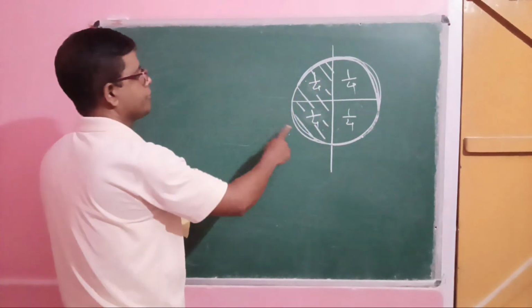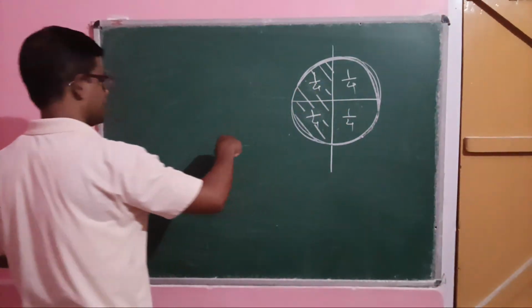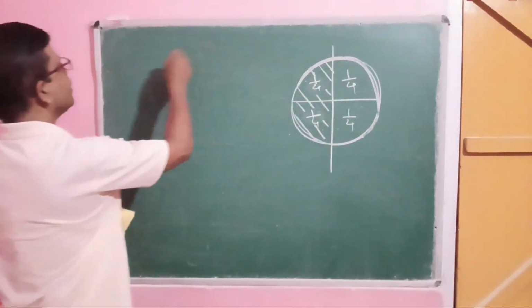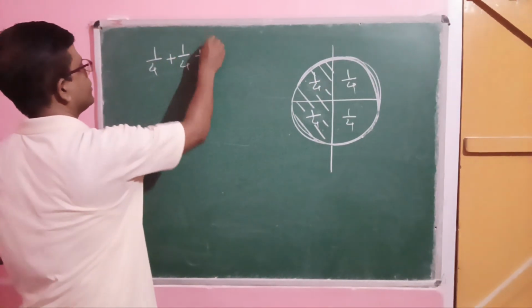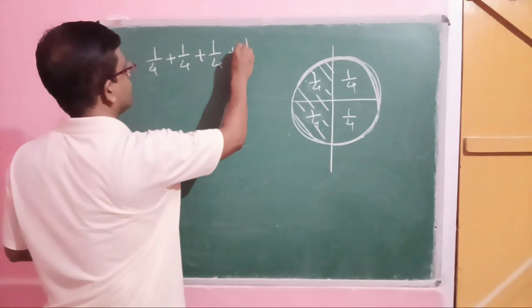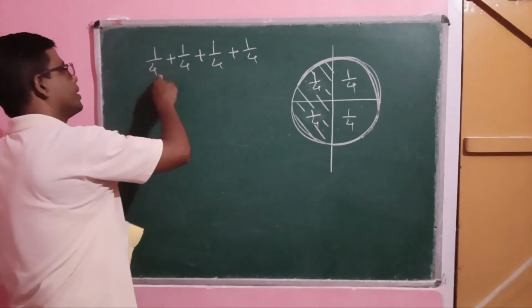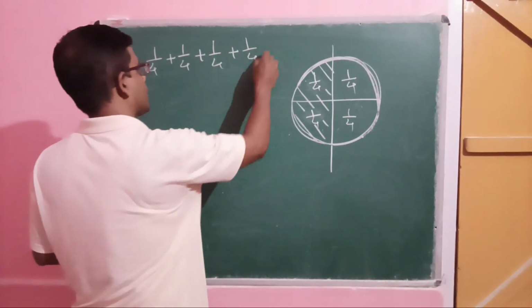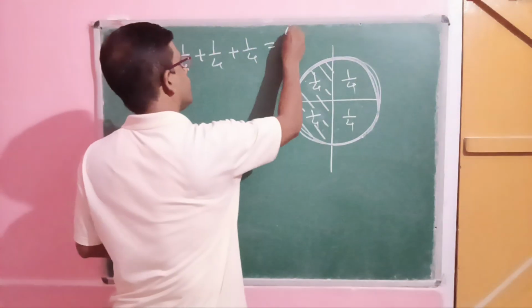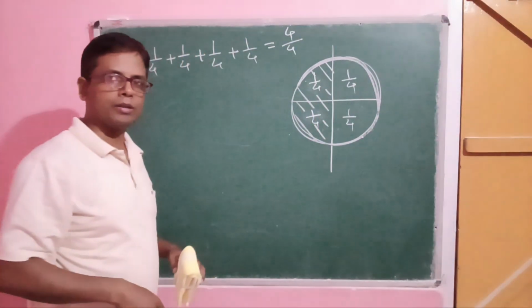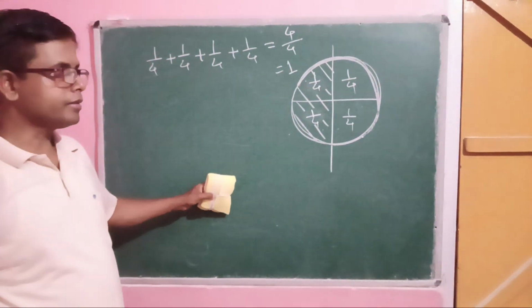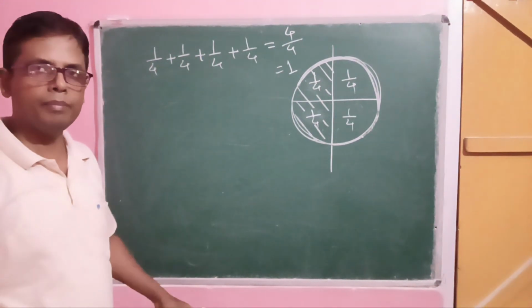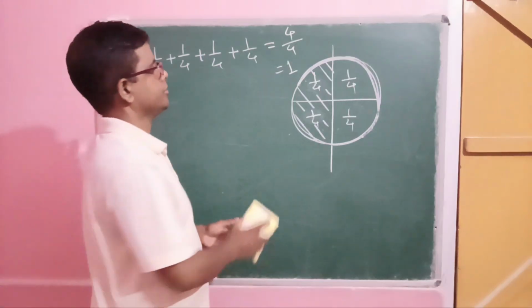So if we add all the parts, then we will get the complete ball. 1/4 plus 1/4 plus 1/4 plus 1/4. How many 1/4? 4 1/4. That is 4/4. So it is 1. This way we can find the sum of fractions.